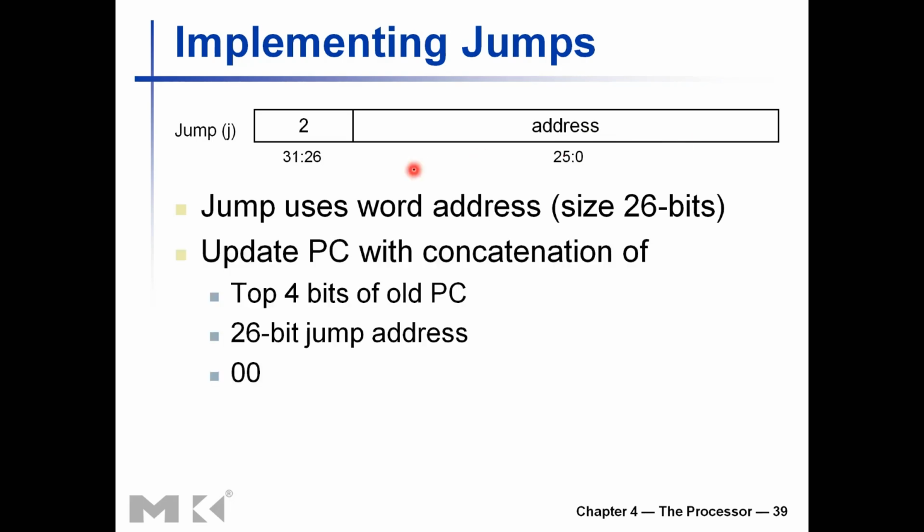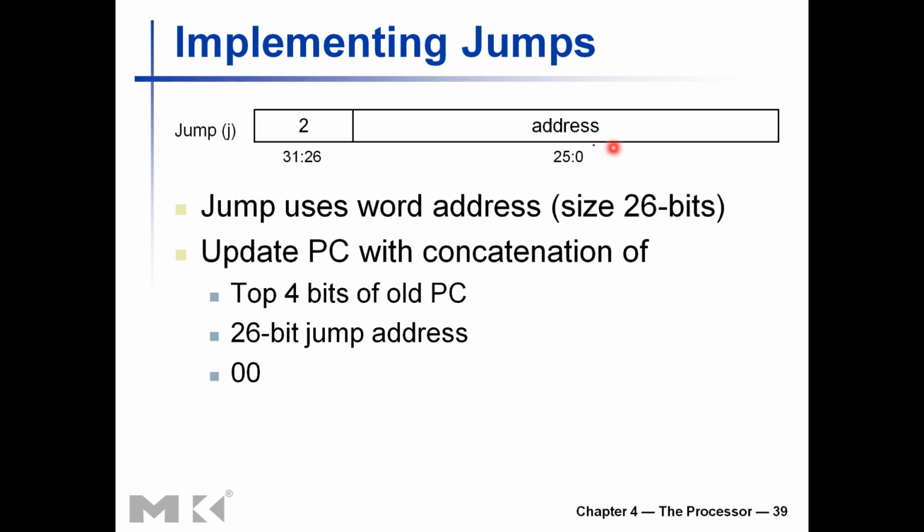And how do we use this? We should use this to update the program counter with the concatenation of these elements. The program counter holds a 32-bit address, which is some location in the instruction memory.